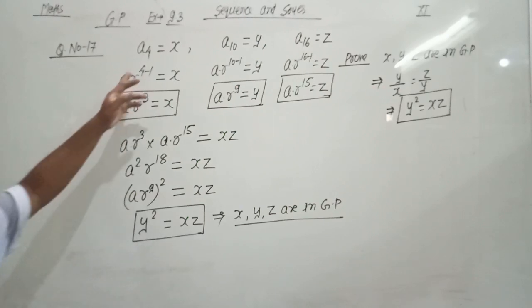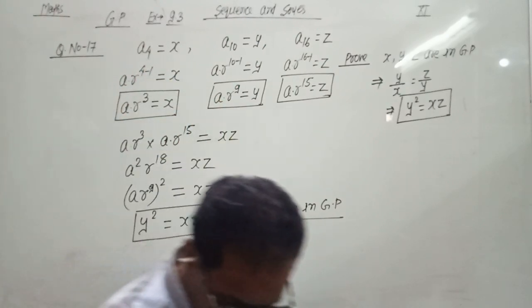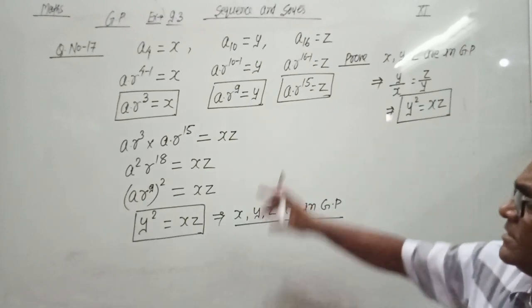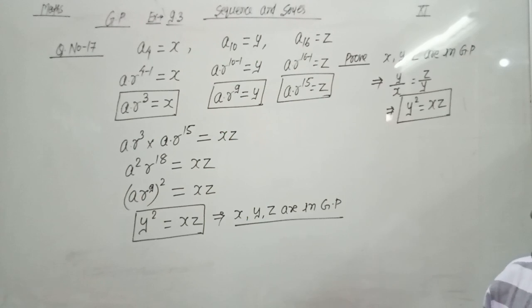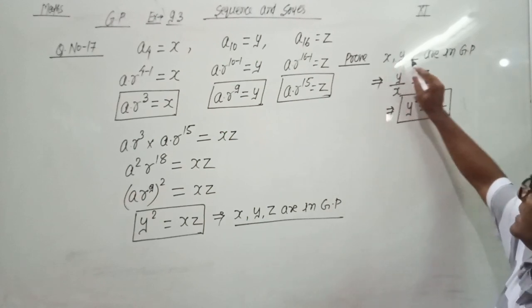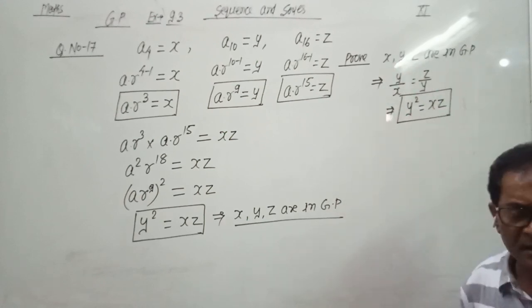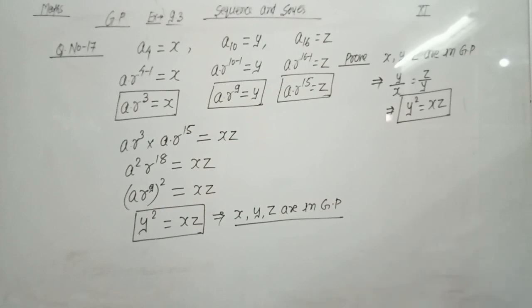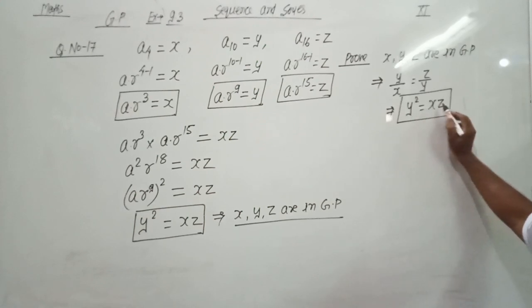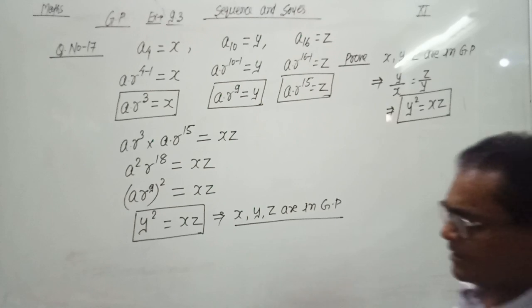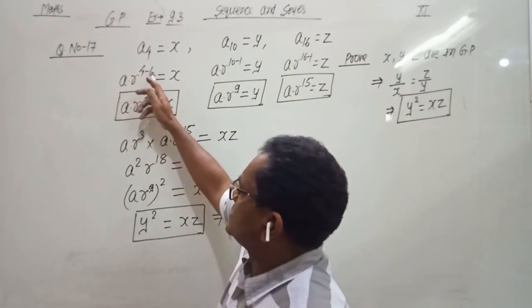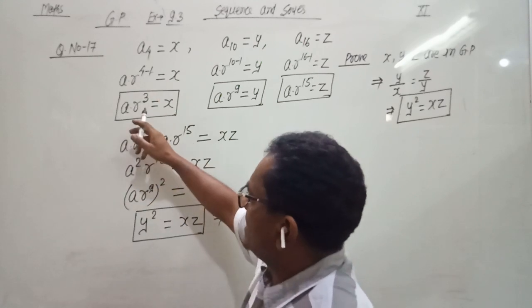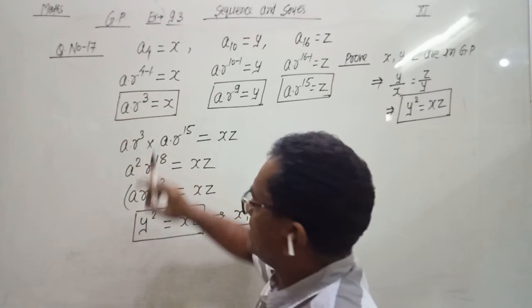So see once again, the fourth term was given as x, the 10th term was y, and the 16th term was z. And we had to prove that x, y, z are in GP. x, y, z are in GP means y square equals to xz. So the fourth term of a GP means a into r raised to the power 4 minus 1 equals to x, a into r cube equals to x.